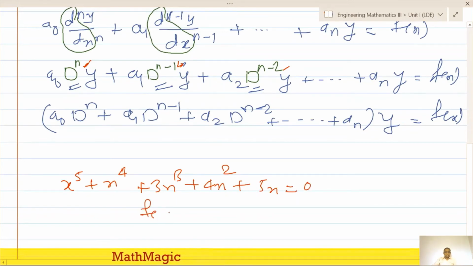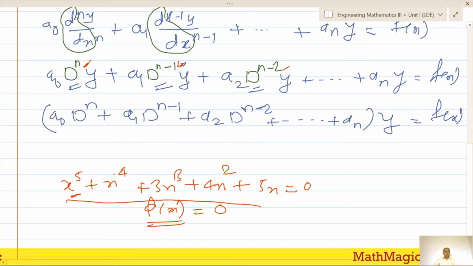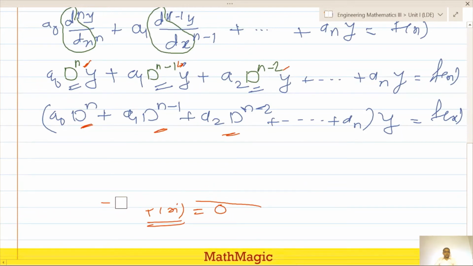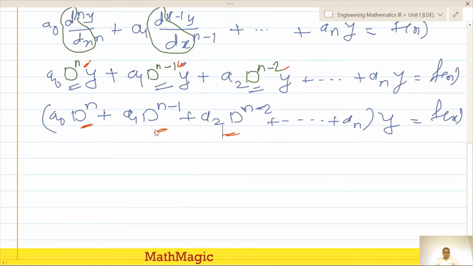This is a polynomial in x, or you can also denote it by phi of x, where the variable is x. Now here the same, it is a polynomial in D. So we therefore consider this as phi of D, because it is a polynomial in D.